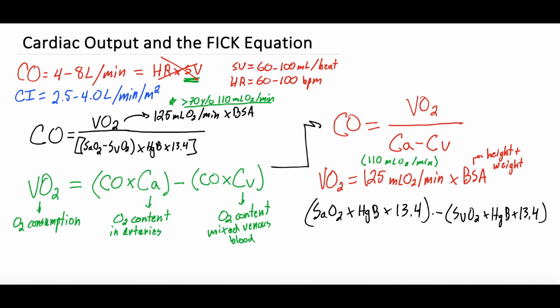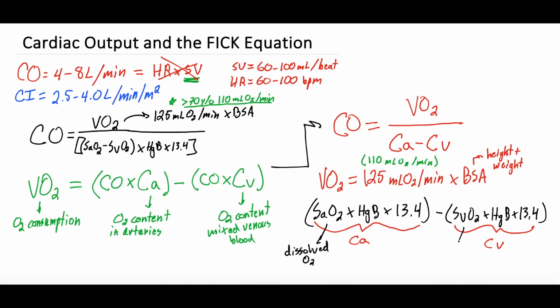So why are we doing this? This equals the oxygen content in the arteries, whereas this equals the oxygen content in the veins, because we need to look at both the amount of dissolved oxygen, which is the SaO2, right? So this is the amount of dissolved oxygen in the blood, in the arteries.